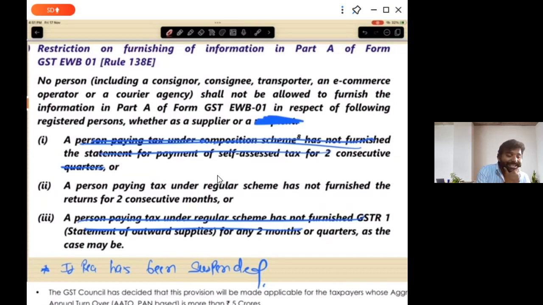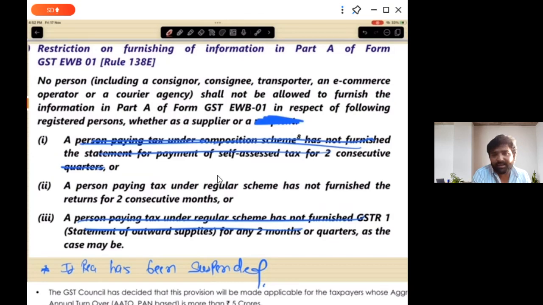So if you are supplying some goods, then e-way bill cannot be prepared for your supply if you are not filing return on time, or if your registration has got suspended. So it means government is saying you can't sell those goods, you can't do any turnover because you have not filed return for 2 consecutive months. So they will block your e-way bill facility. So your e-way bill facility will be blocked if you are not filing returns on time. That is again a very interesting thing to understand.